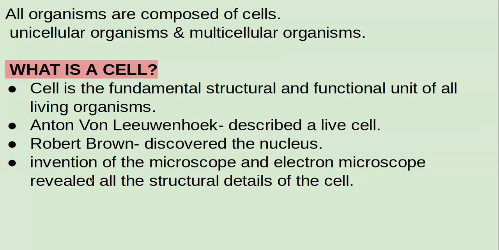Then at around that time, there was also the invention of the microscope, and as this technology improved, the microscope, which is the simple and the compound type, finally it improved in such a manner that it got converted into the electron microscope. So technology was upgraded, and today we have microscopes that can magnify. The job of the microscope is to magnify a tiny structure or a tiny organism.